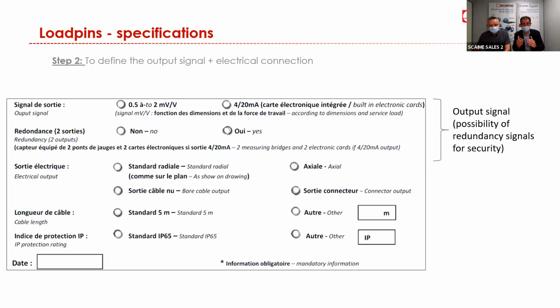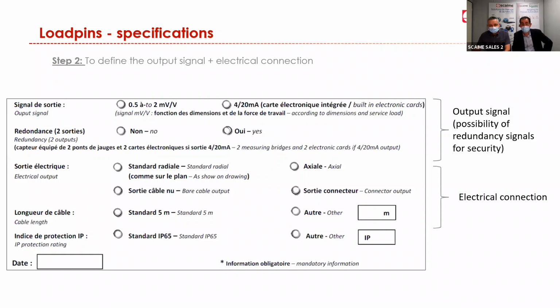When everything works fine, the two signals will be similar. If there is any difference in the values, then it means that something is defective in your system. So very important option for security aspects.